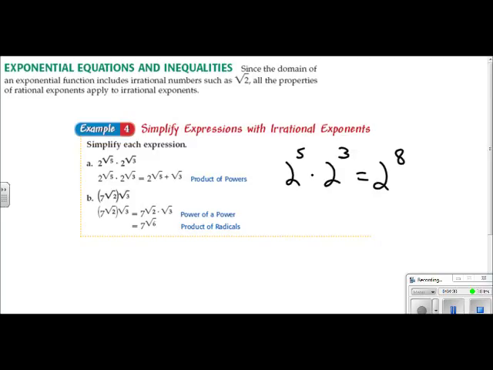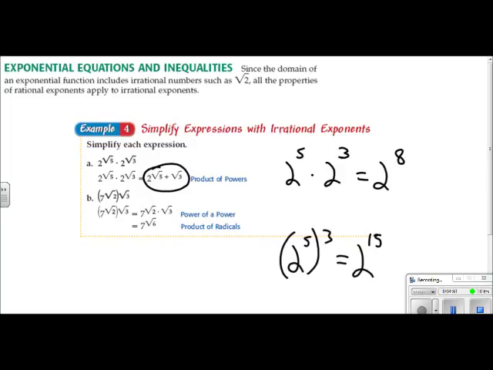So here we add them up, and we get 2 to the power of root 5 plus root 3. Or, say we had 2 to the power of 5, that to the power of 3. We would just multiply and get 2 to the power of 15.